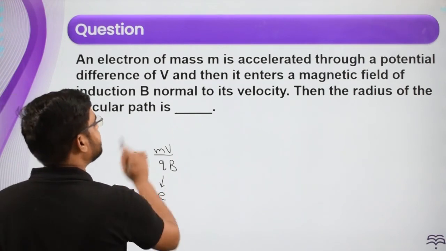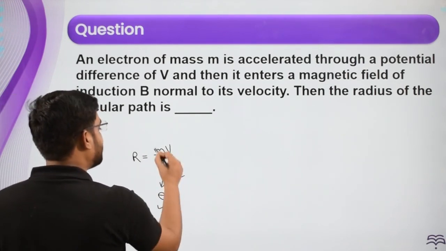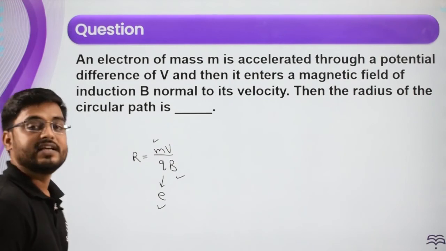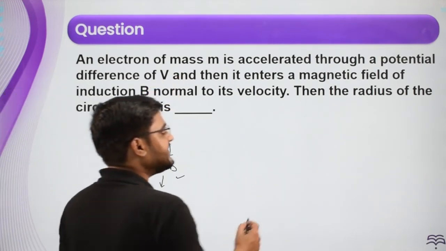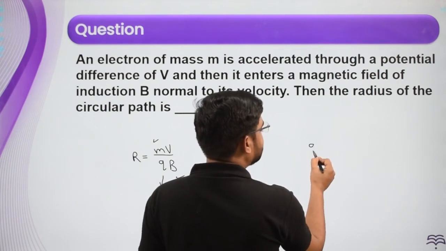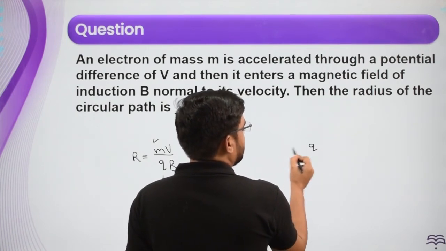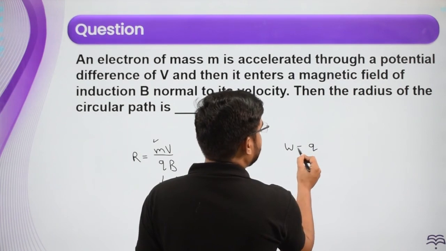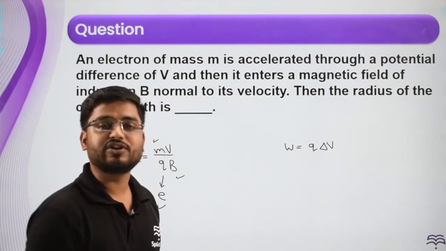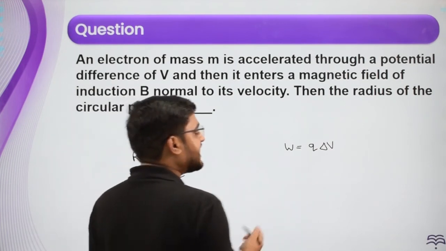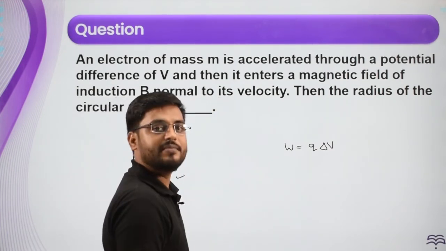The B is still B. So this is given, mass is given. But what about the velocity? See, this is velocity, this is voltage. If you are accelerating an electron by V voltage, then we know that the work done is nothing but Q delta V, right? So when a charged particle is accelerated through a potential difference, this is the work done, and entire work done will become kinetic energy.